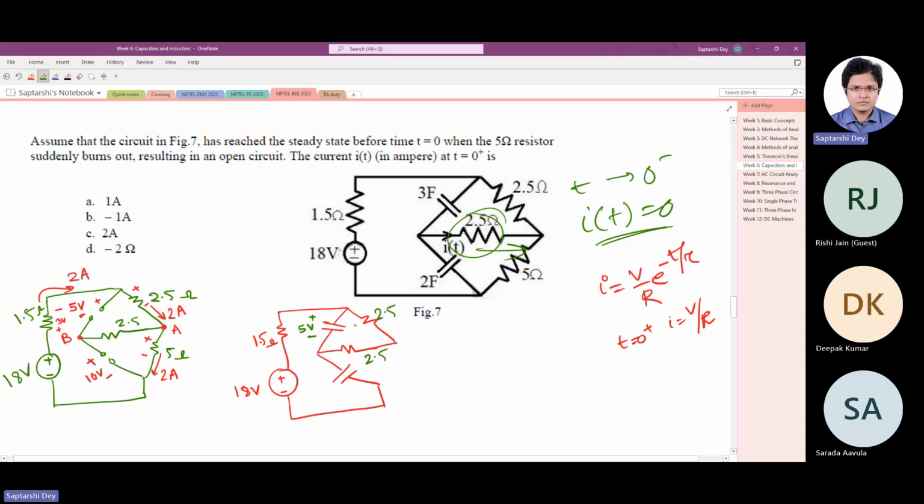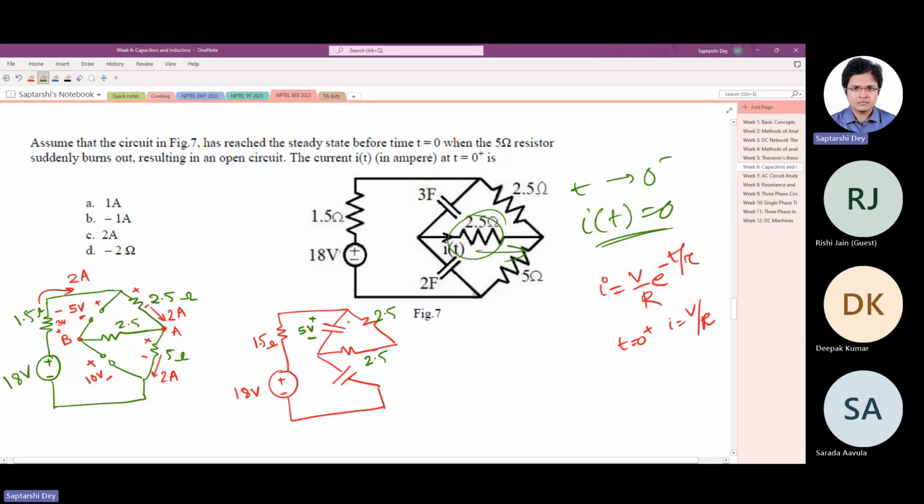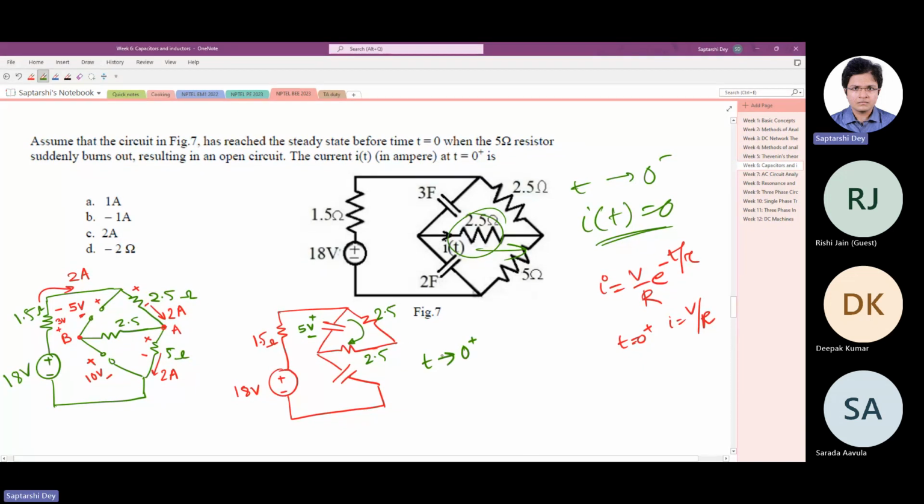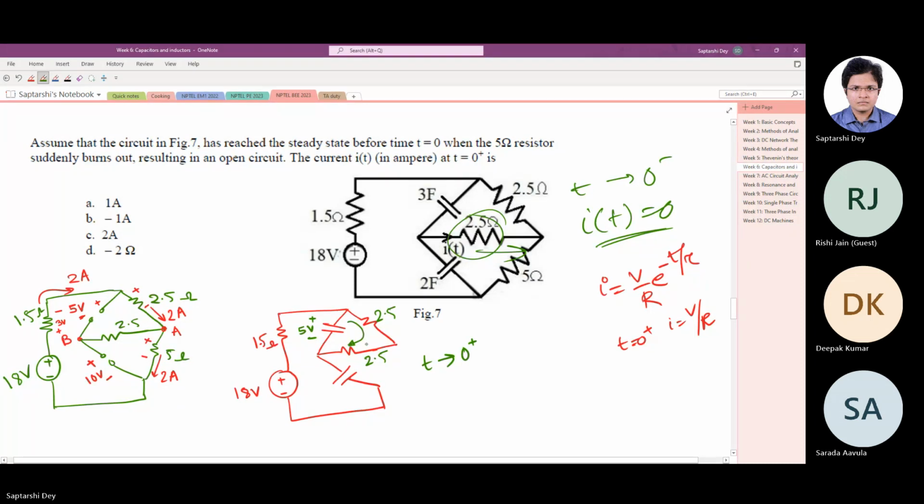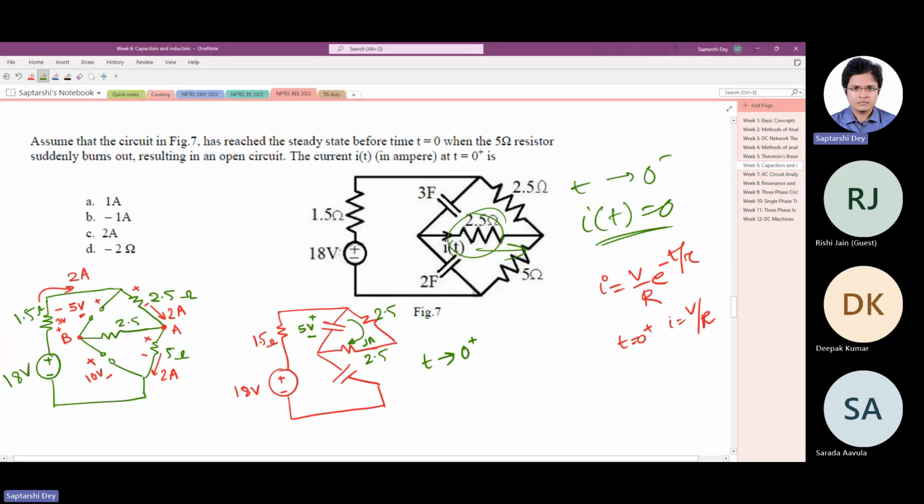So right after this incident happens, a current starts flowing, and we can assume that at t tends to 0 plus the capacitor voltage has not sufficiently changed, because capacitor voltage takes time to change. Now 5 volt flowing through a 5 ohm resistance, 2.5 and 2.5 in series, so it has to be 1 ampere. IT is given in the other direction.